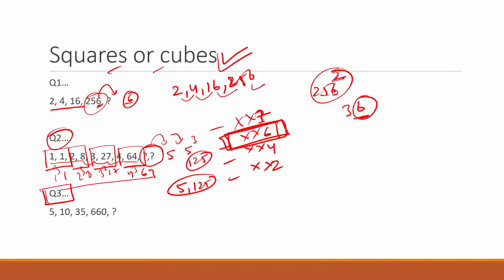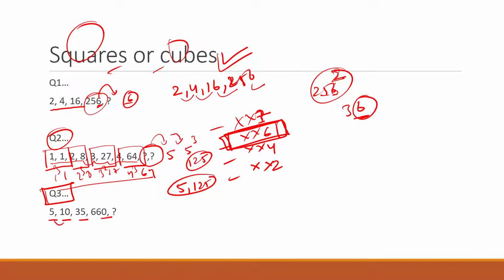And when you move to the next question, the third question, you will figure out that these numbers are increasing very sharply: 5 goes to 10, then 35, then 660. So something related to squaring or cubing is going on here.